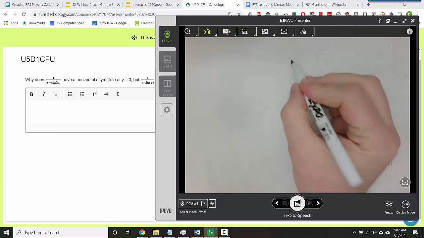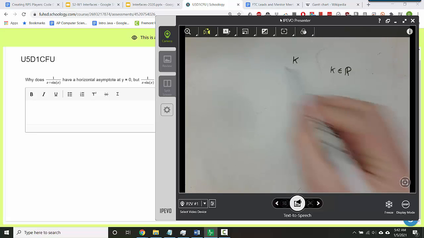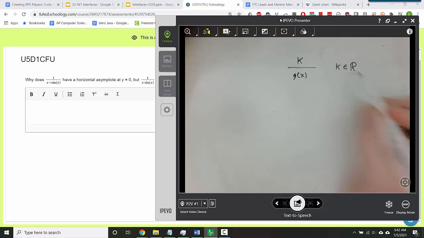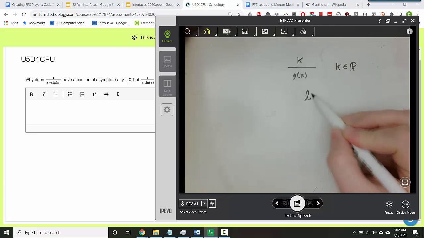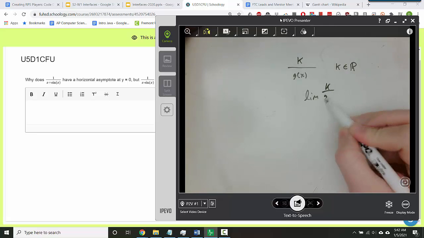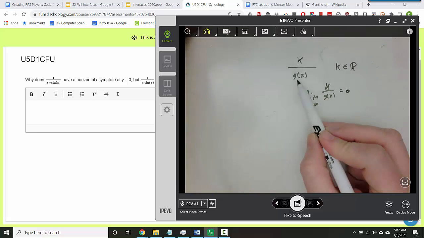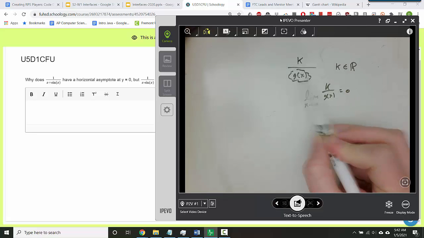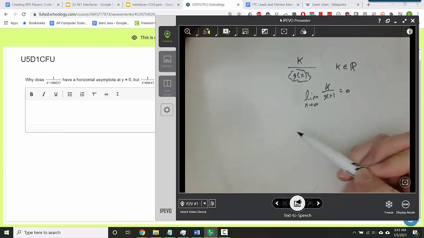In class we said that if k is a real number, so k is just any constant, divided by any function g of x that's increasing, then the limit as x approaches infinity equals 0. The reason is that if g is an increasing function, then when x is getting bigger, g of x is getting bigger. And if g of x is getting bigger, the overall expression is getting smaller, approaching 0.